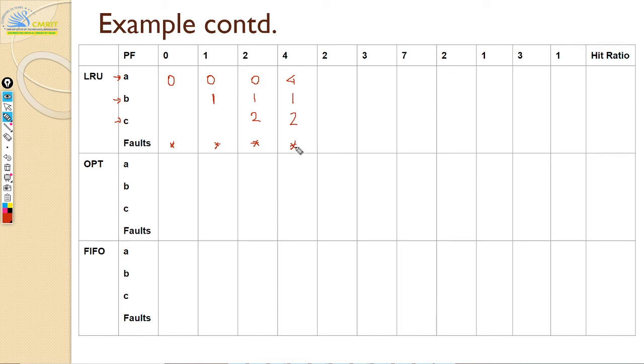Swedel, do the favor, point to someone. Smriti C, are you there? Can you please unmute yourself, Smriti?